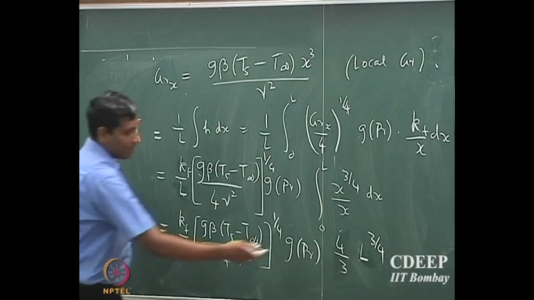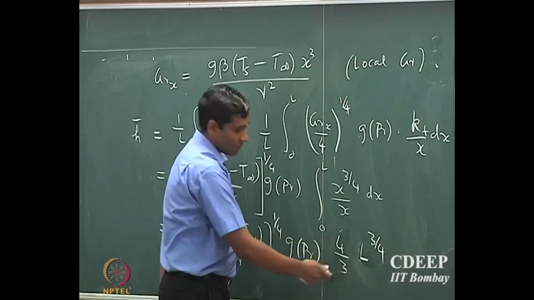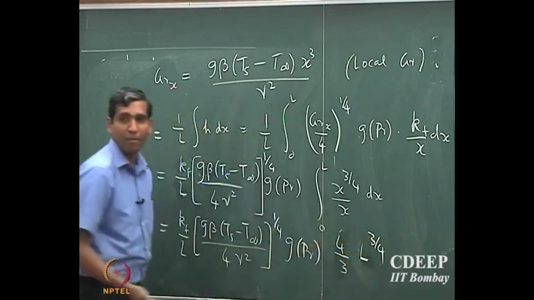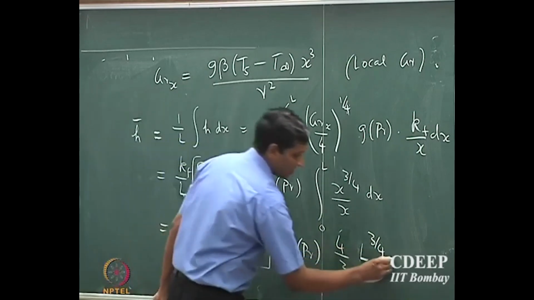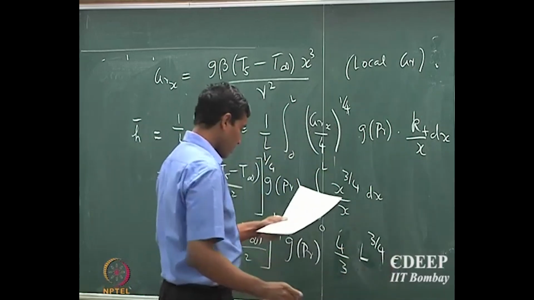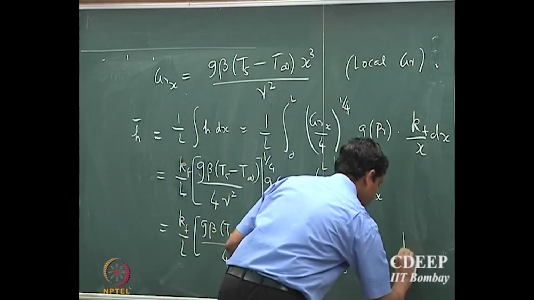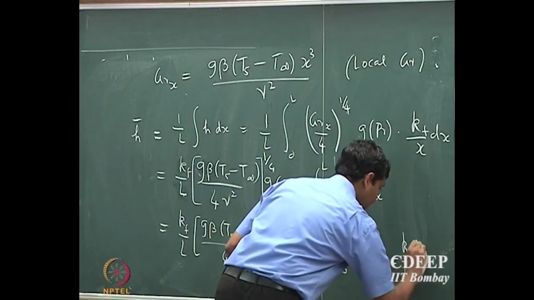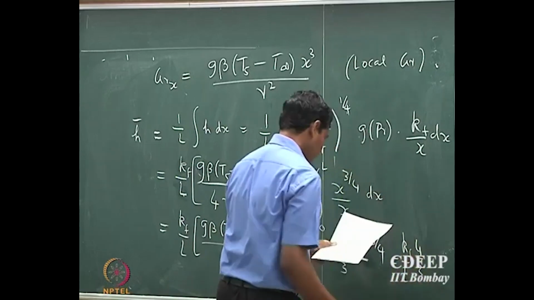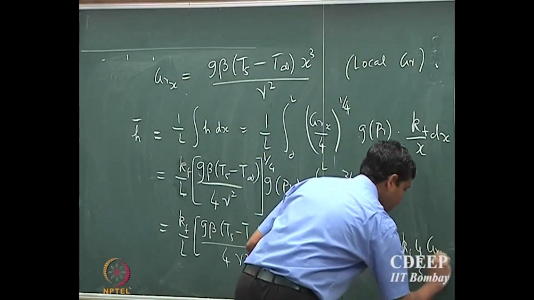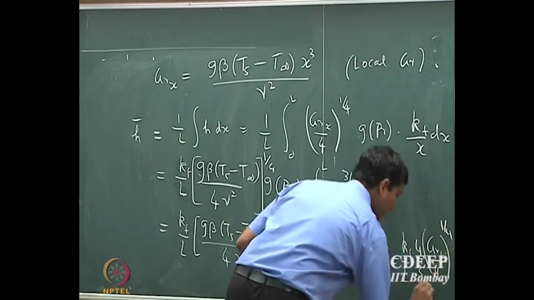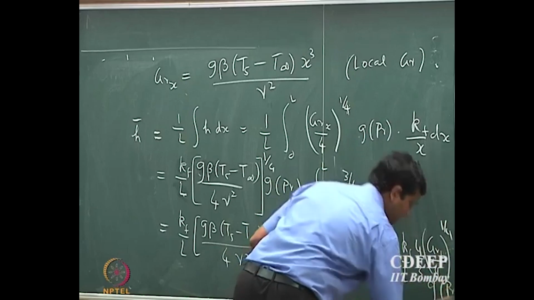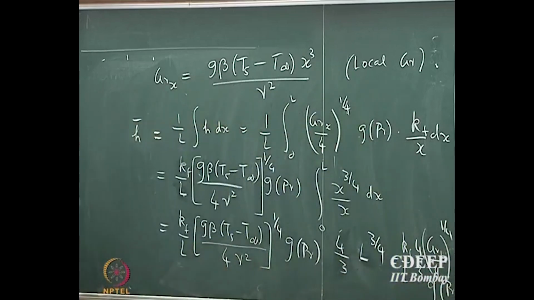You integrate and you get a 4 by 3, which comes out because of integration, L to the power of 3 by 4. So that turns out to be Kf by L, 4 by 3 into the Grashof number based on the length to the power of 1 by 4, multiplied by the function of Prandtl number.